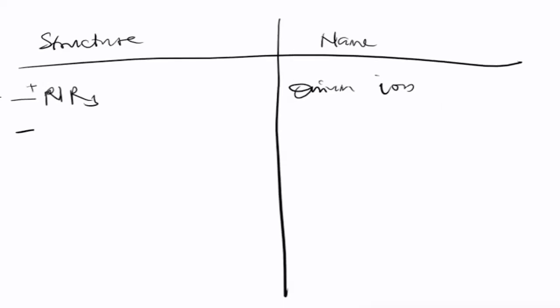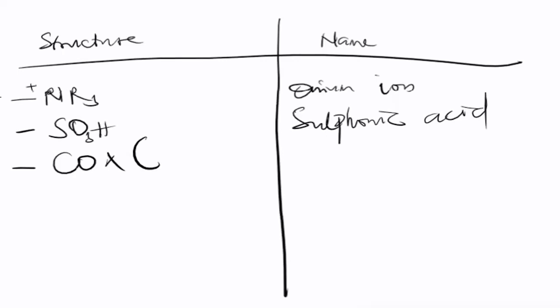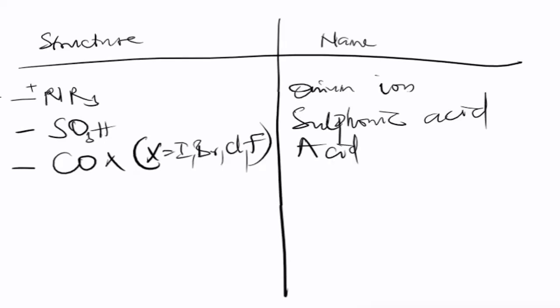So the second is the sulfonic acid. So we have next acid halide, where X can be iodo, bromo, chloro, fluoro, or any halogen. So we call that acid halide.